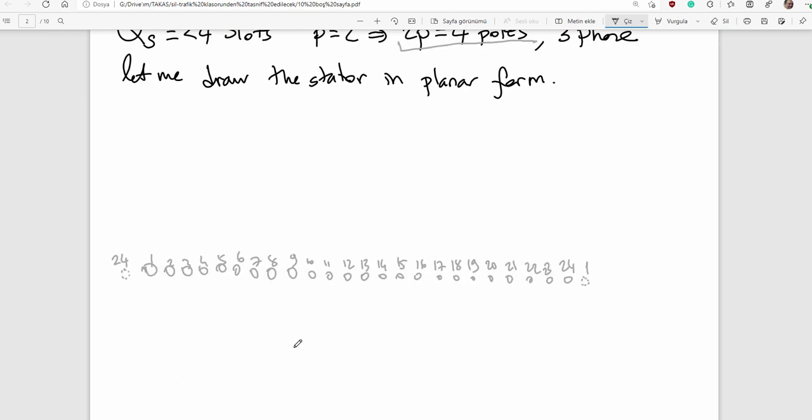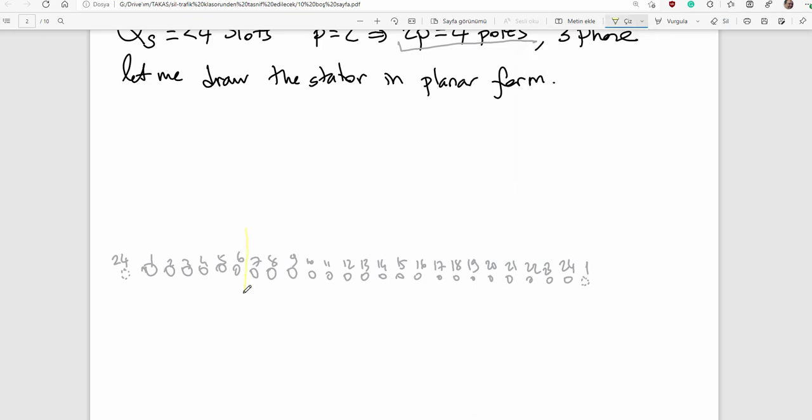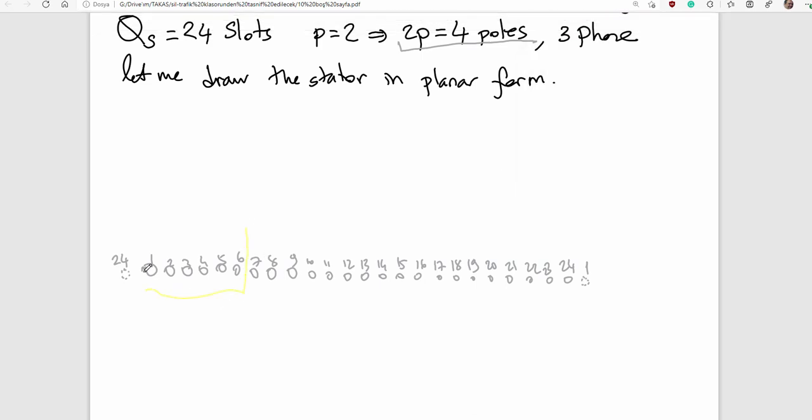Okay, ladies and gentlemen, let me show you. Here is the first pole, which belongs to, let's say, the N pole. The second one will belong to the S pole, for example. And then here is the 3rd pole location and the 4th pole location.